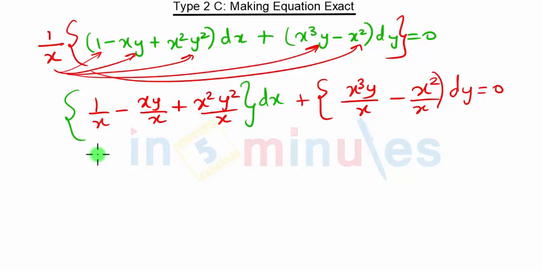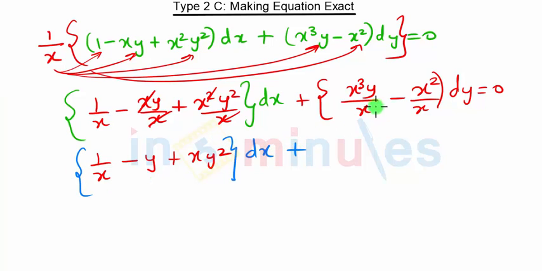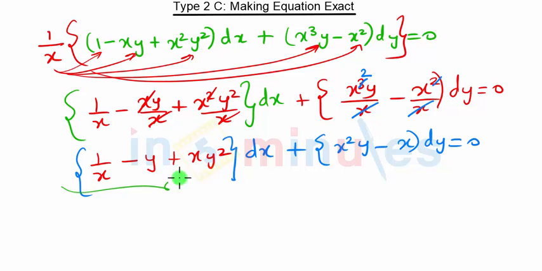Then we cancel x, so we get minus y, and x from here and x from here, so it will be xy square, into dx, plus x square y, and minus x, into dy equal to 0. So now these two are our new m1 and n1.